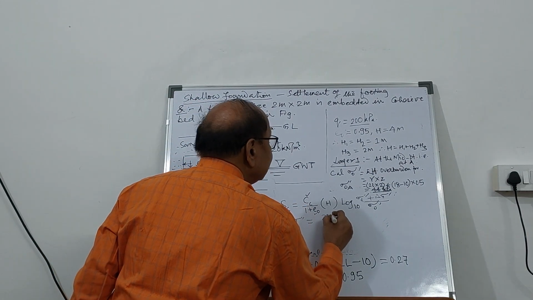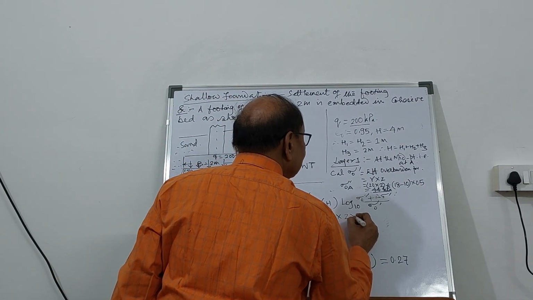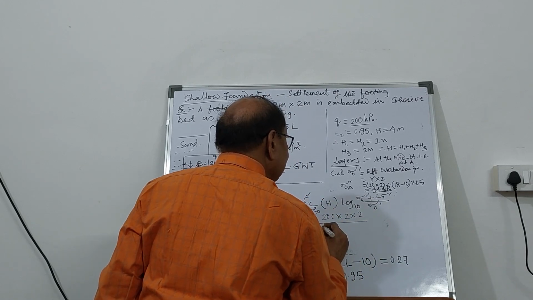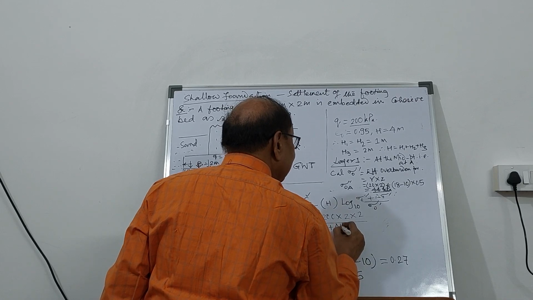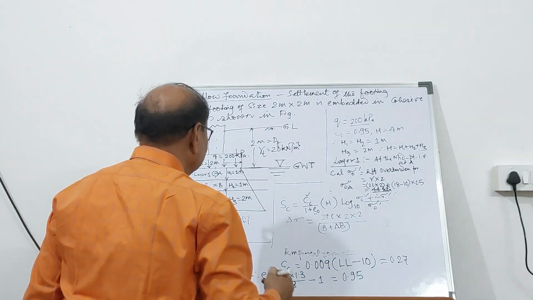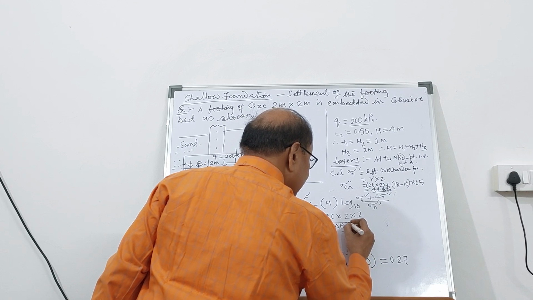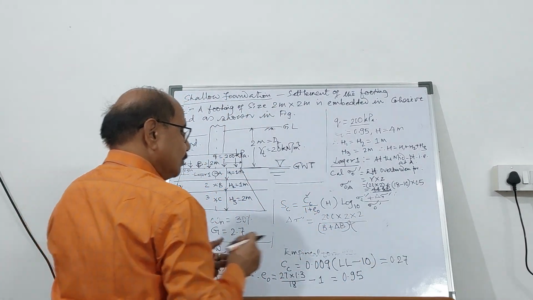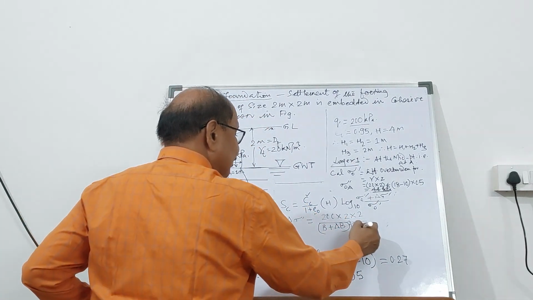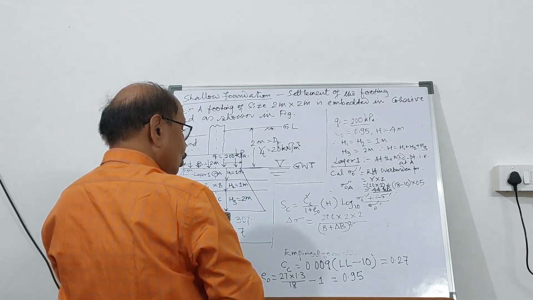It is 200 multiplied by B, which is 2 meter, multiplied by L, which is 2 meter, divided by B plus delta B, because load is now spreading at 2 vertical to 1 horizontal. So what is the increase in B, whole square? Because it is a square footing. Had it been a rectangular footing, then it would have been L plus delta L. But it is a square footing, so whole square.